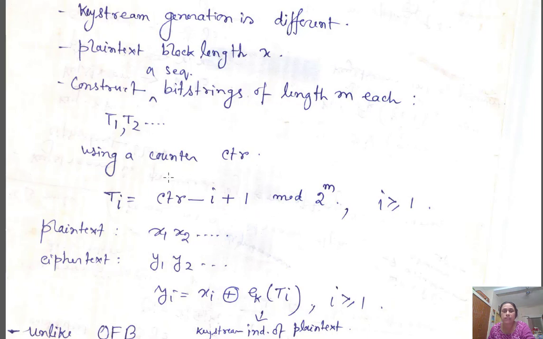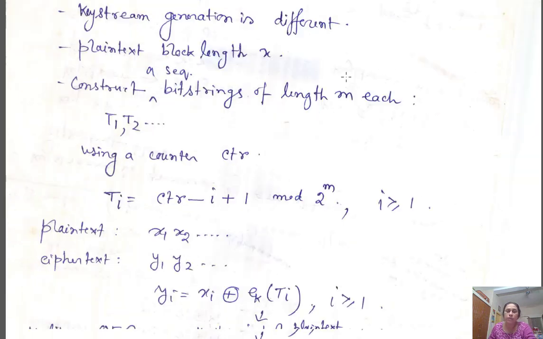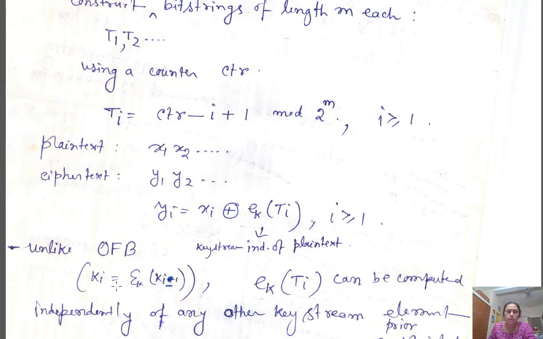This is the difference between the counter (CTR) mode and OFB mode. In OFB mode, we generate a key stream in this way: Ki is encryption of Ki minus 1 using the key K. To generate Ki, we pass the previous key stream block Ki minus 1 to the block cipher, and we get Ki.